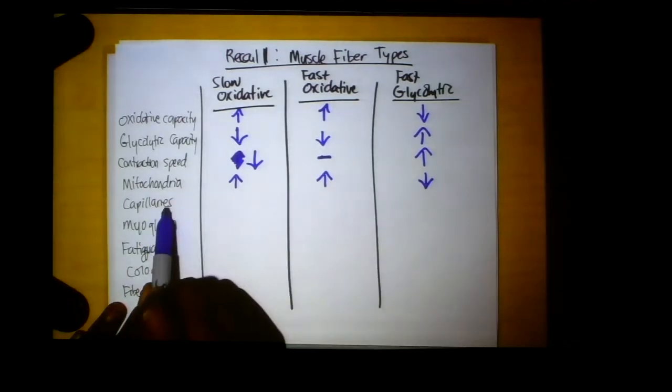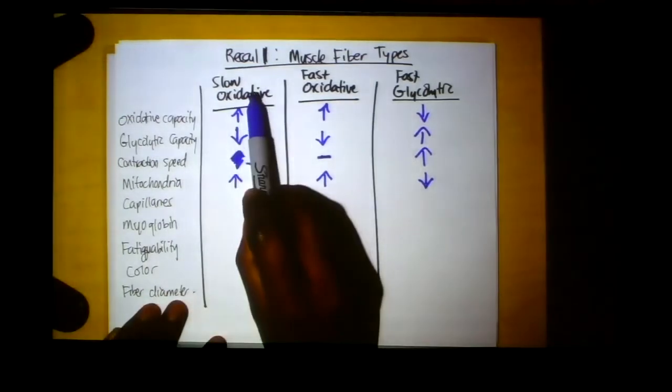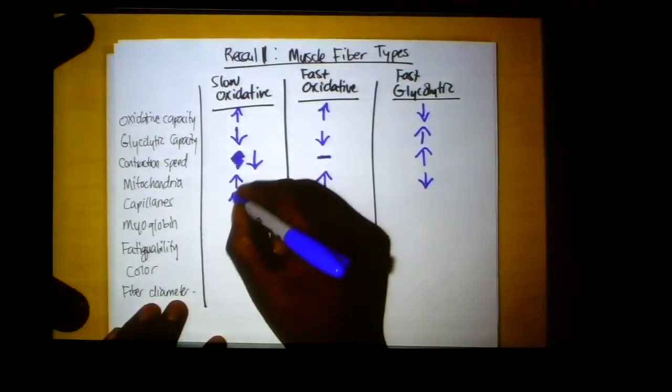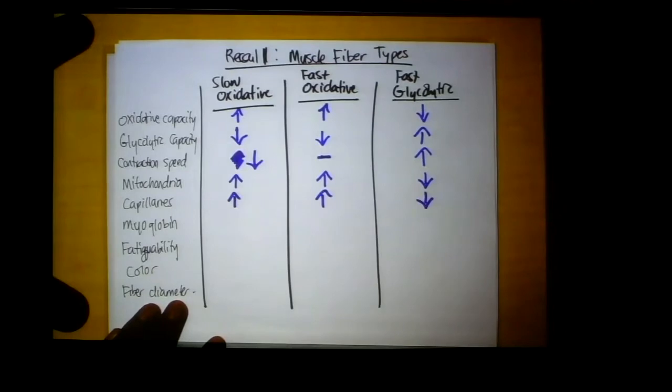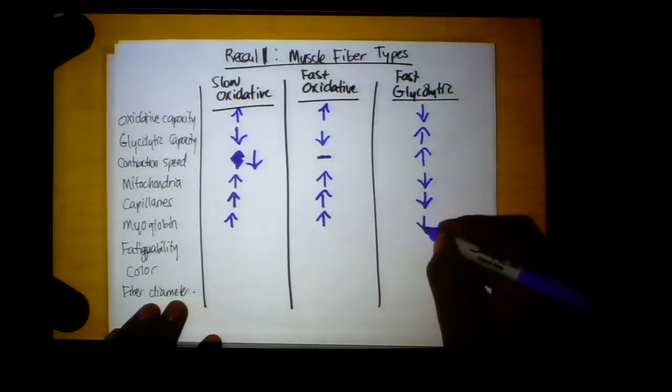And more capillaries, right? The capillaries that help to bring that oxygen in. So because we have slow oxidative fibers and fast oxidative fibers, we're going to have more capillaries here, less capillaries here, okay? That's going to be the same for myoglobin. More capillaries, more myoglobin, less myoglobin.